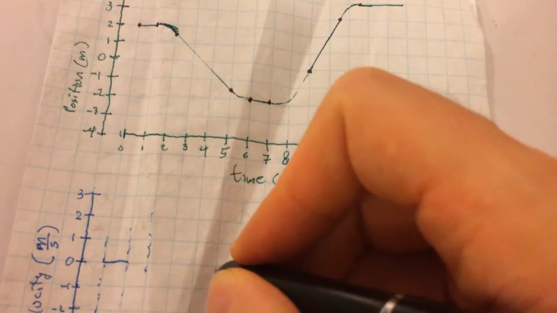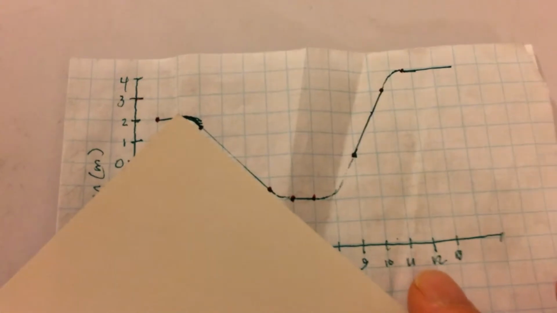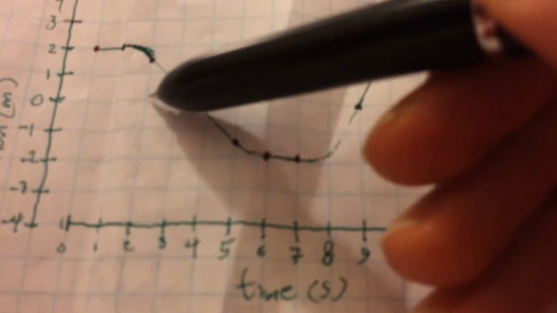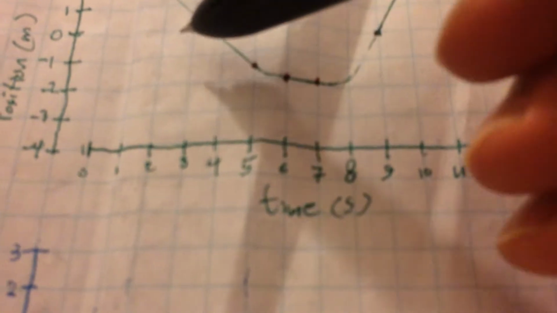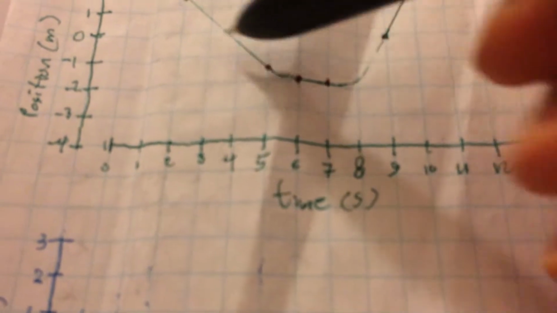So right now I'm going to skip the part from 1 to 2 seconds, and at the end of this you'll see why. And this slope, again, slope is always rise over run. So we have here a rise of negative 1/2, minus 1, minus 1 again, so that's negative 2.5, minus another half.